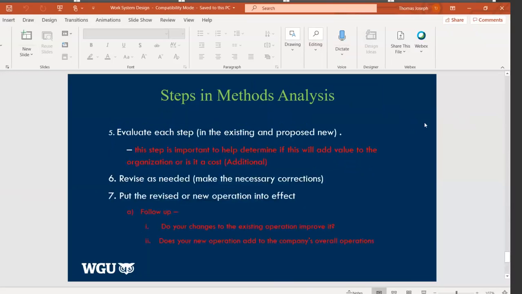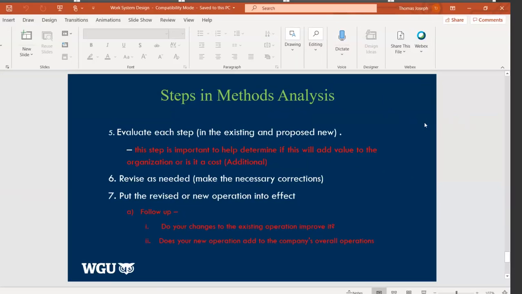Number 5, evaluate each of the steps of the process. Whether it's a new process or an existing process, evaluate each of those steps. This step is important to help determine if this will add value to the organization or if it's going to create some type of additional cost, right? Number 6, revise as needed, which is make the necessary corrections.